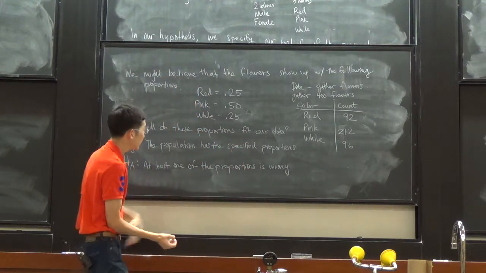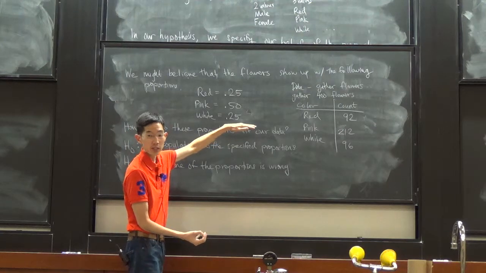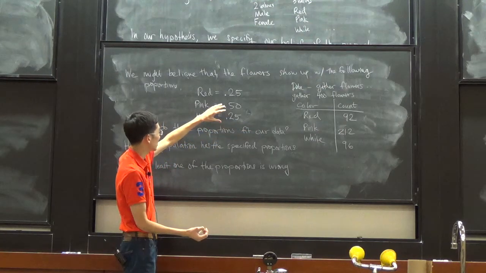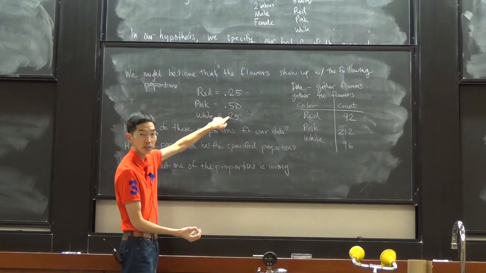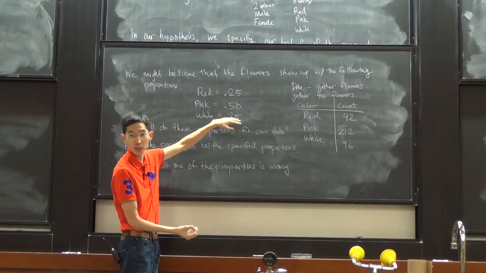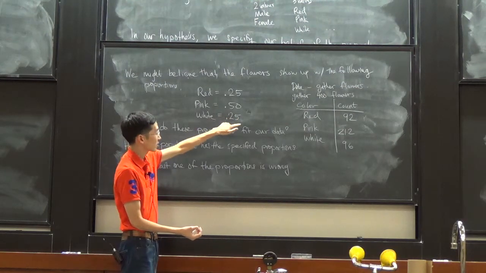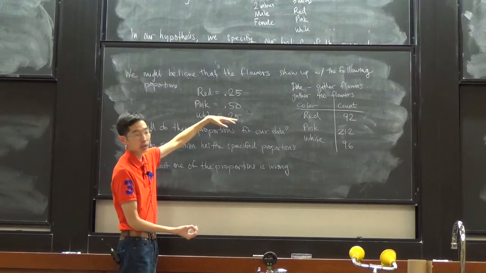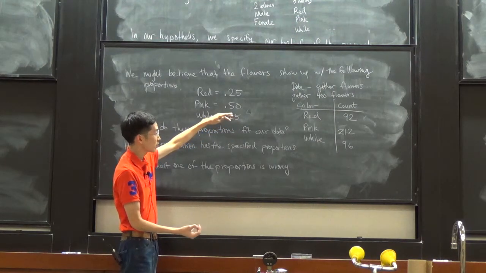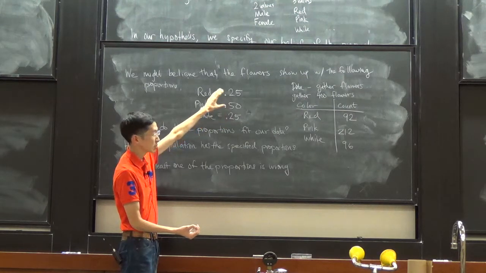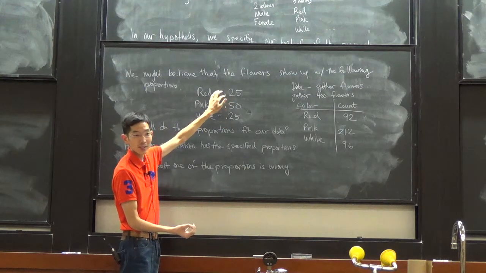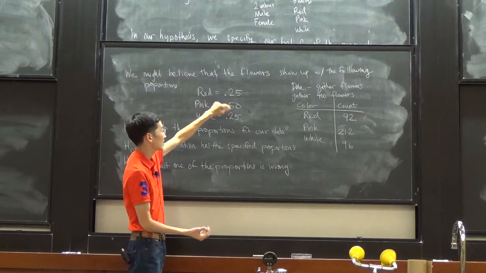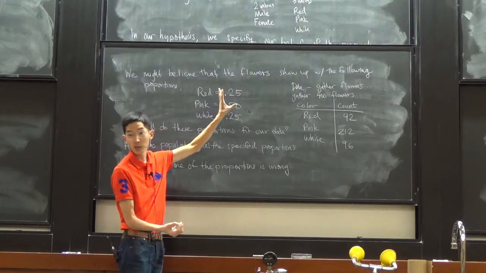Because everything has to add up to 1, right? So let's say it's this category that's wrong, the proportion of white flowers. Let's say it turns out that this number is too big, so I have to shrink this. If I'm shrinking this, then the other part, for it to add to 1, has to go to either pink or red or some combination.